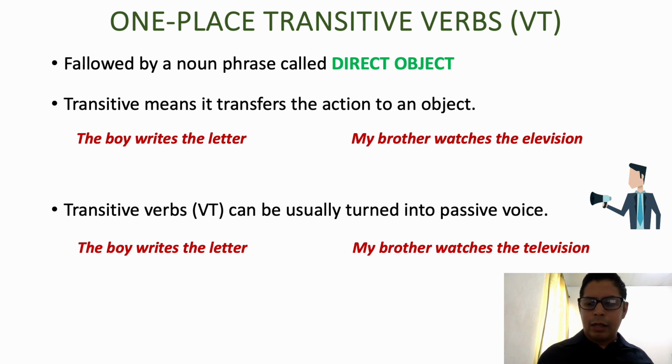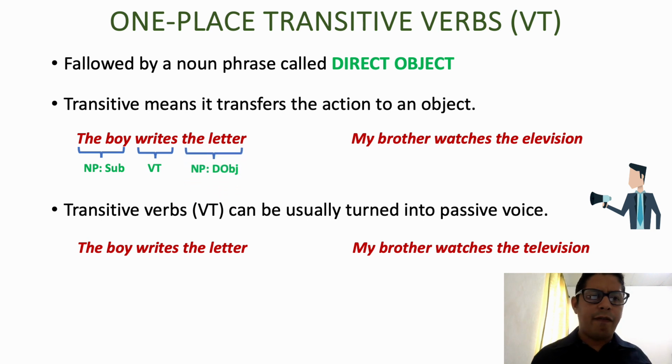Okay? So let's see the first example. The boy, that is the noun phrase, functioning as the subject, writes. That is the transitive verb. The letter is a noun phrase.